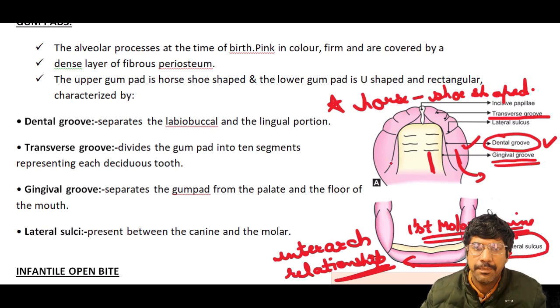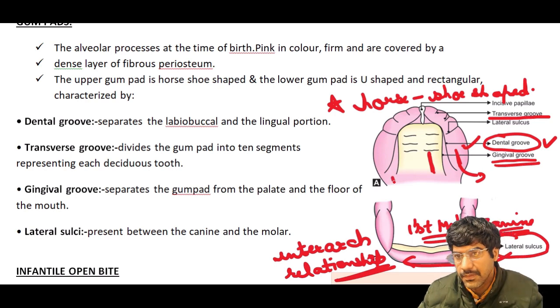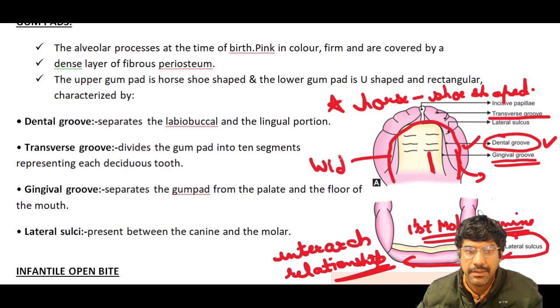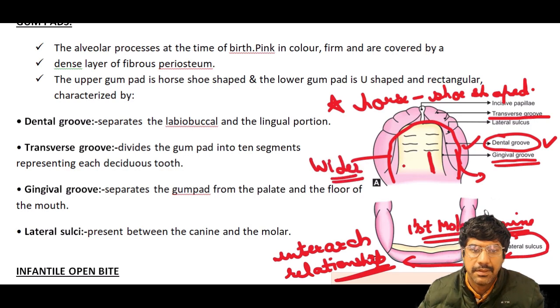Both the upper and lower gum pads are somewhat similar but differ in width and length. The upper gum pad is wider and longer than the lower one.